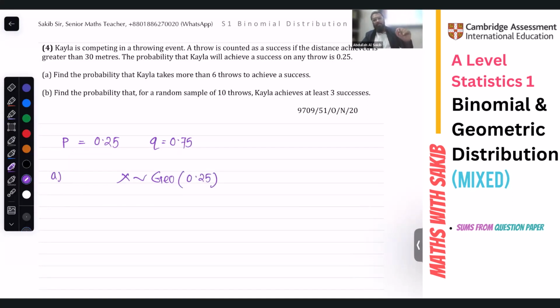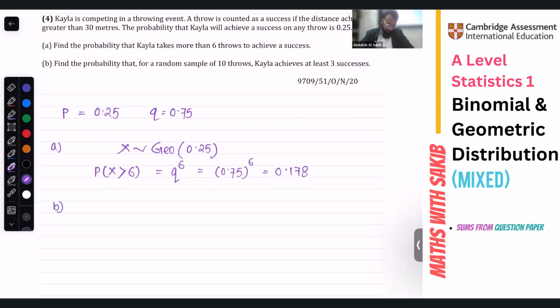So what is the probability of X being more than 6? I can just apply the formula directly, q to the power 6. So that is 0.75 to the power 6, which is 0.178.